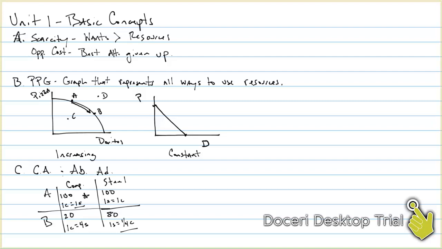And when you look at the answer choices, B says 2 units of steel from country B. That's the only answer choice that uses country B to produce steel, which they have the comparative advantage in, right?